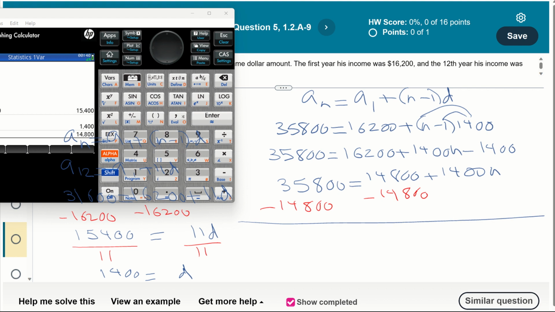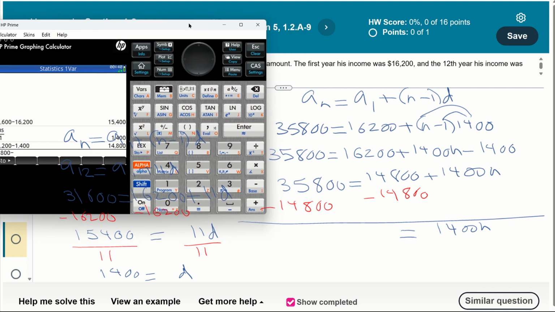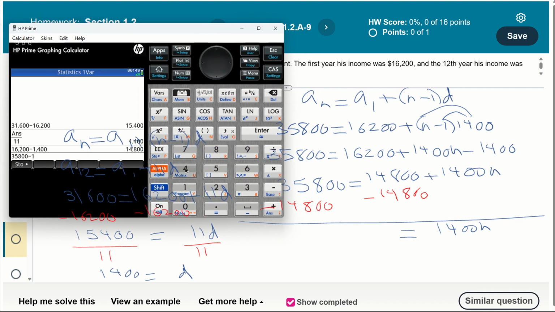We'll go ahead and subtract the 14,800 now from both sides. And we end up with 1400n on this side. And for the other one, we get 35,800 minus 14,800, which gives us 21,000.